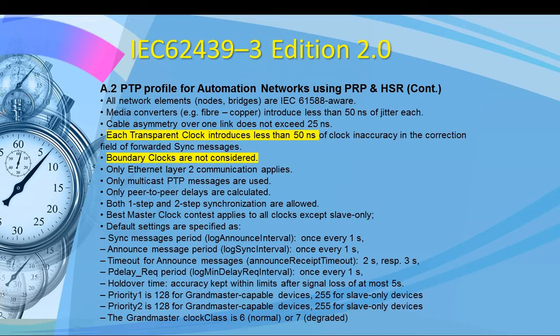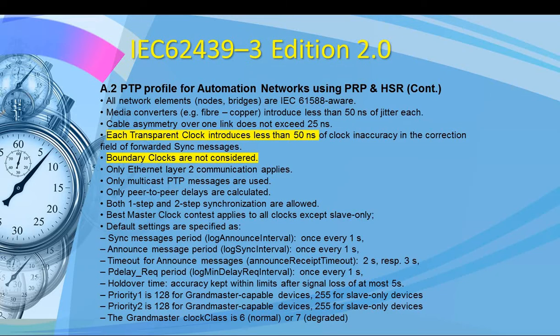For Grandmaster-capable devices, priority 1 is 128 and priority 2 is 128 as well. For slave-only devices, priority 1 is 255 and priority 2 is 255 as well.